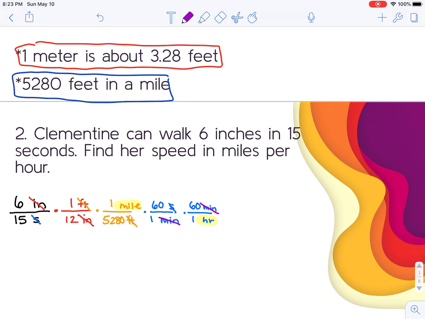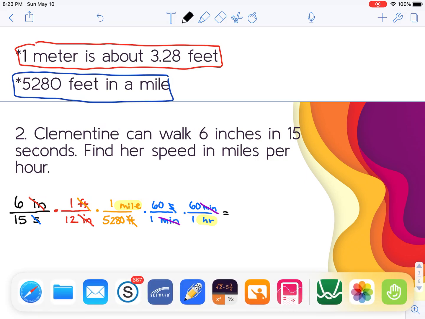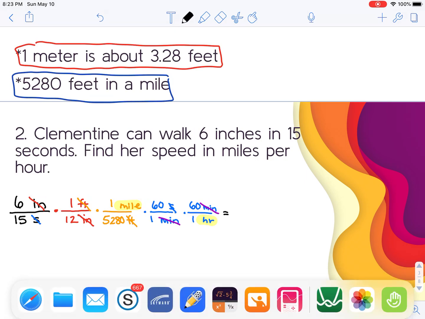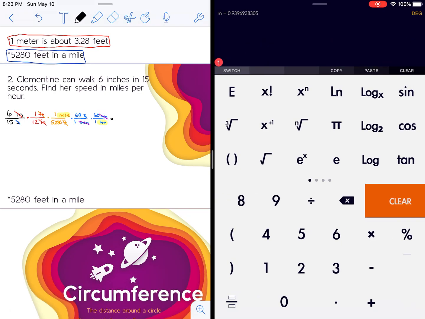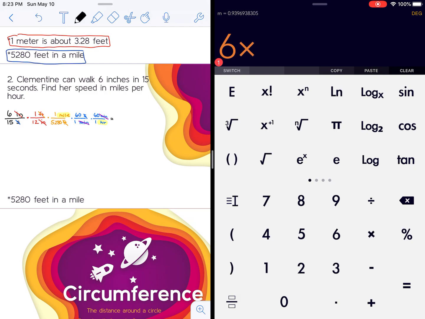Hopefully this is all looking really, really familiar, that you did this in 6th and 7th grade. If not, this is great practice. We're learning. So now I'm going to multiply straight across my numerator and straight across my denominator. So I have 6 times 1 times 1 times 60 times 60.